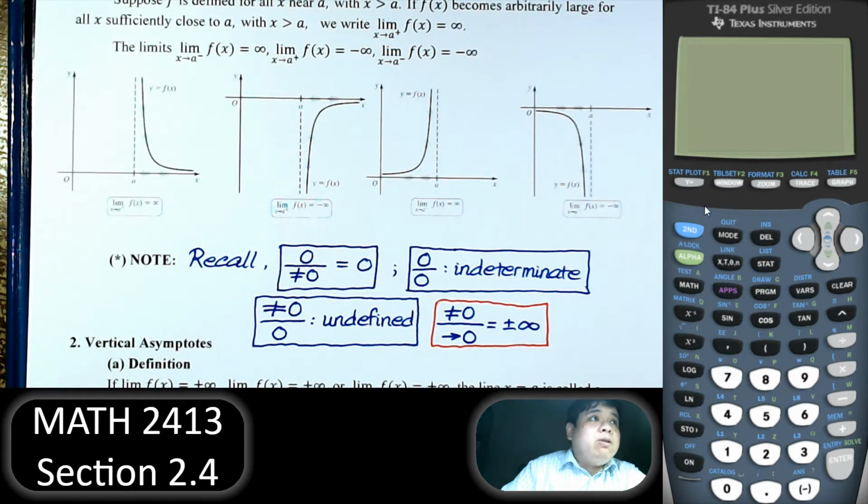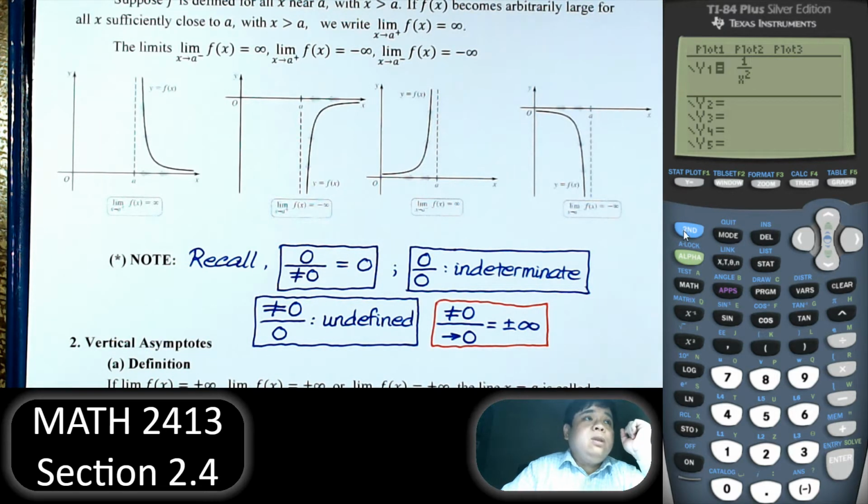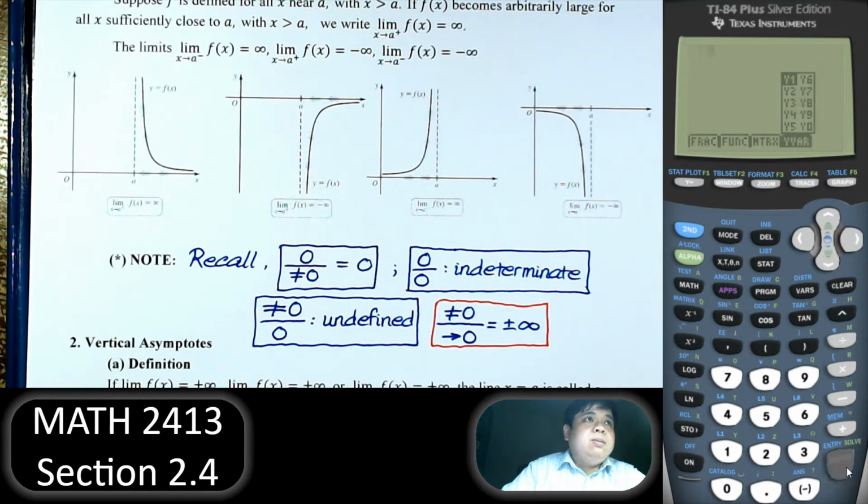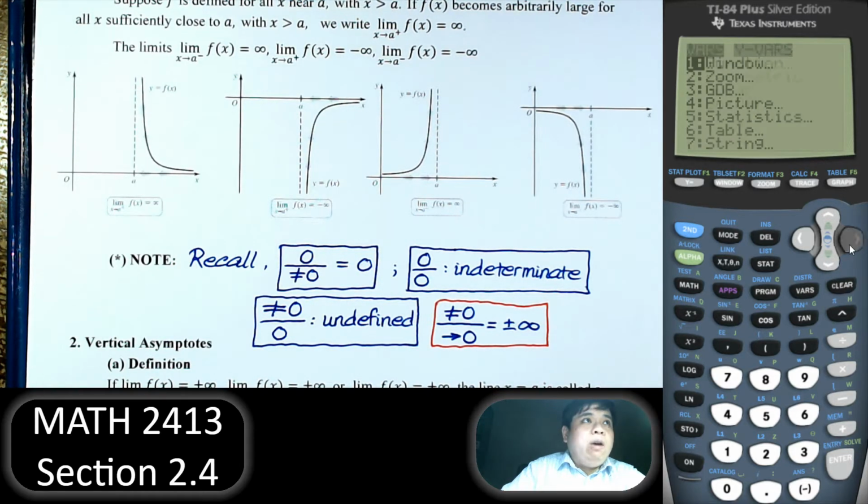Anyway, think about the function 1 over x squared. By the way, we enter this in y1. If we want to evaluate the function at y1, I hit alpha, trace, and y1. If your calculator doesn't have the bottom menu like this, hit variables, y variables, function, that's y1.